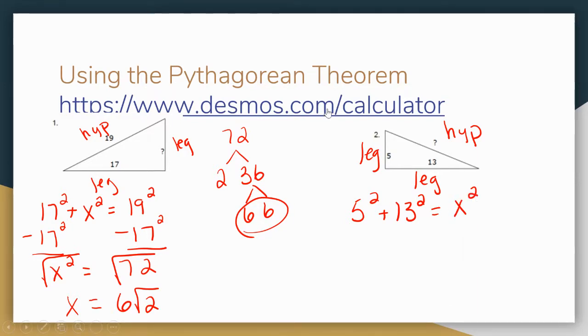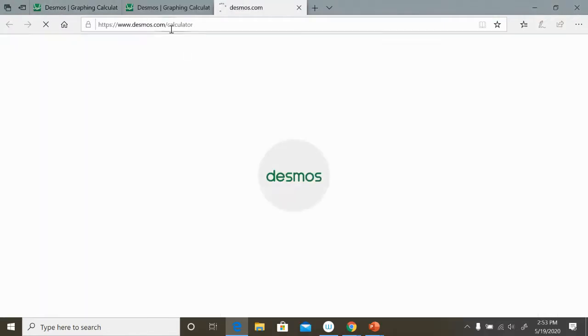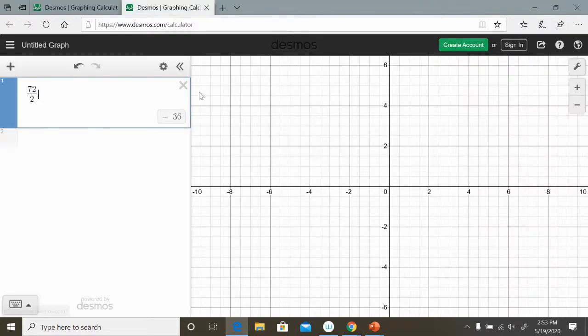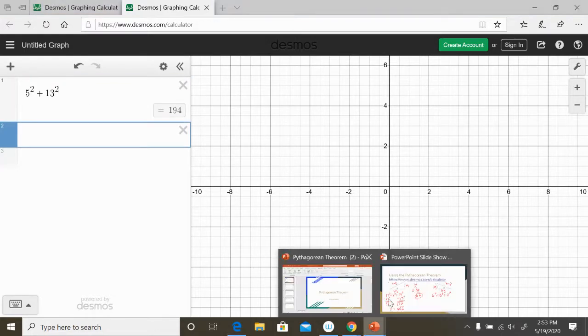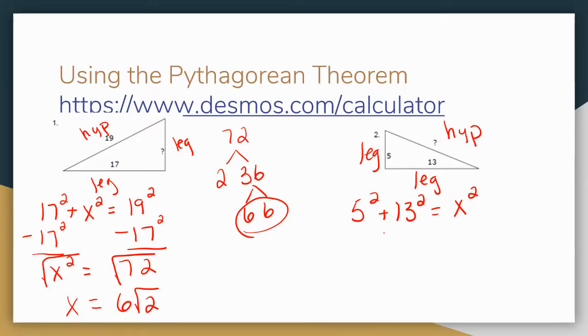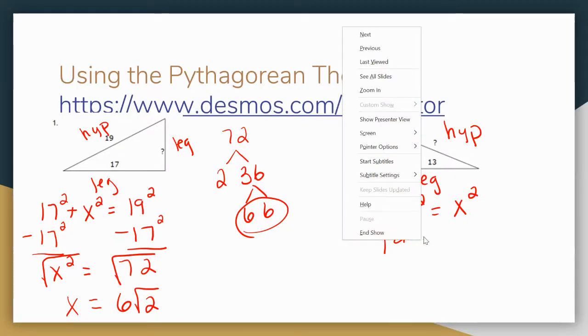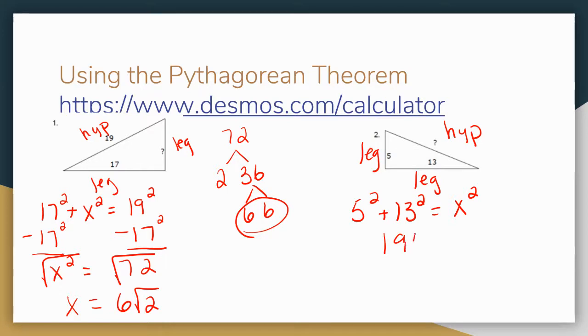So I can go back into Desmos and put in 5 squared plus 13 squared, and that gives me 194. 194 then is equal to x squared.